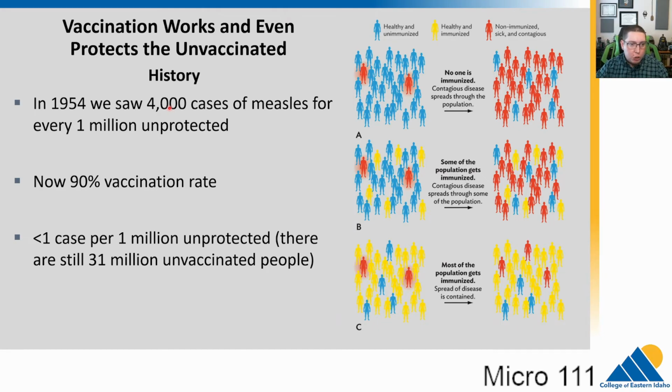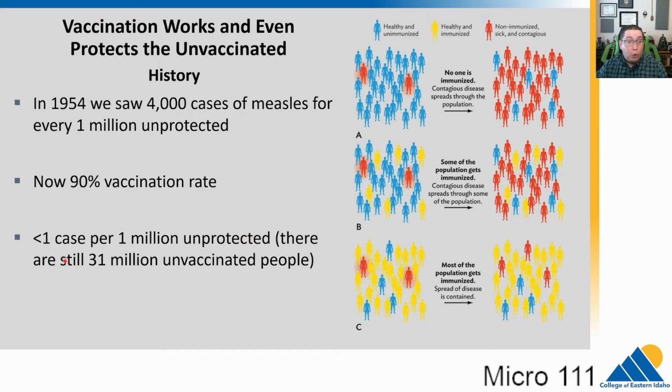Fast forward to around now, we have a 90% vaccination rate. So you would say that should cut the number of cases down by 90%. But actually what it's done is cut it to well over 99.99%, right? We see less than 1 case of measles per million unprotected.